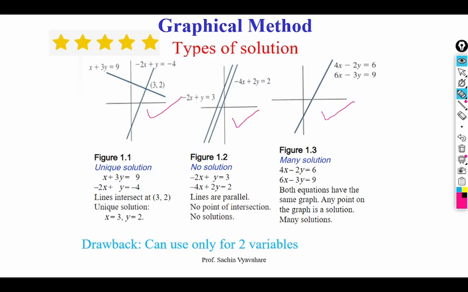Again, the drawback of this method is that it is useful only up to two variables. Whenever more than two variables are in the equation, the graphical method becomes very complicated. We are not able to plot their graphs. Even in three dimensions we have to plot planes, and that becomes too complicated. So we'll move to the types now.